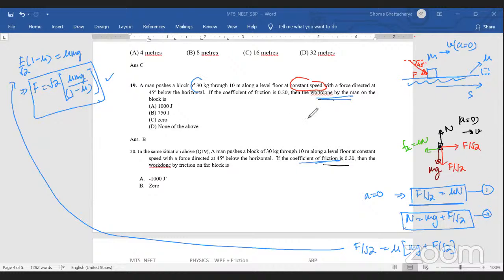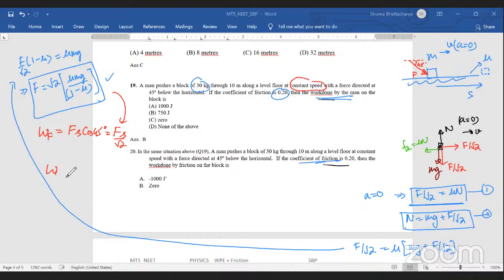30 kg is the mass, coefficient of friction is 0.2. So you can work out. Now as the block is moving like this, what is the work done by each of these forces? Work done by F will be equal to F s cos 45, so it will be F into S by root 2. Substitute this here.